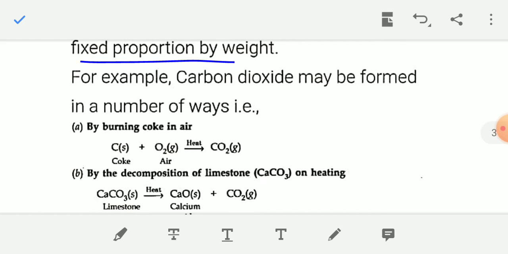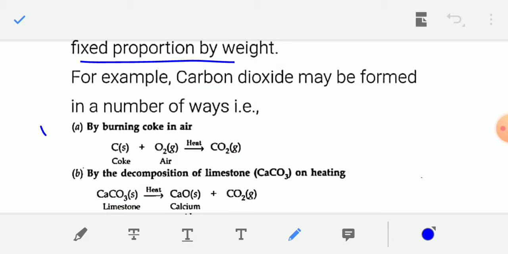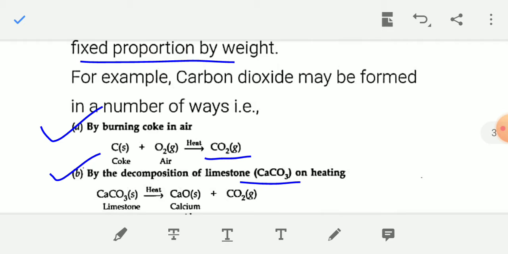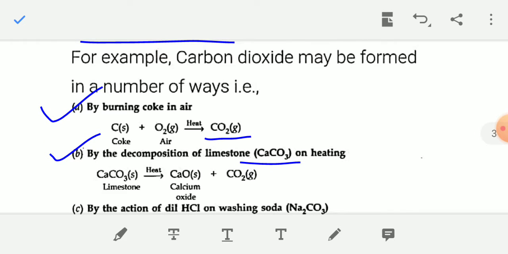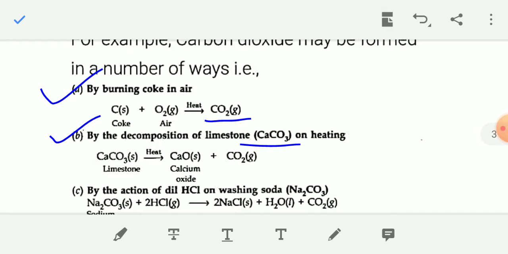For example, carbon dioxide may be formed in a number of ways. Carbon dioxide may be formed by burning coke in air, that is C plus O2 gives CO2. Or you can also prepare carbon dioxide by decomposition of limestone, CaCO3, on heating. CaCO3 on heating gives calcium oxide and carbon dioxide.